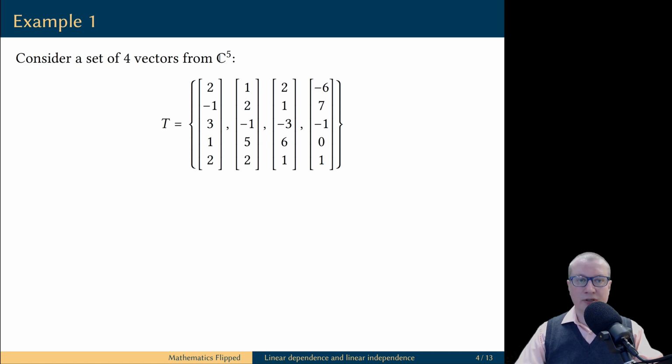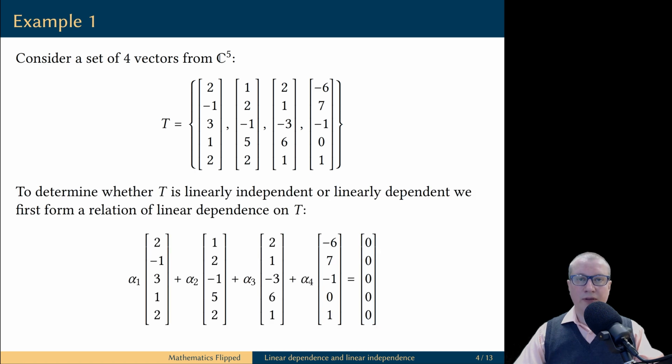We start with the first example where we take a set of 4 vectors of size 5. To determine if this set is linearly dependent or independent, we need to look at the possible relations of linear dependence, and therefore we start by constructing such a relation of linear dependence.